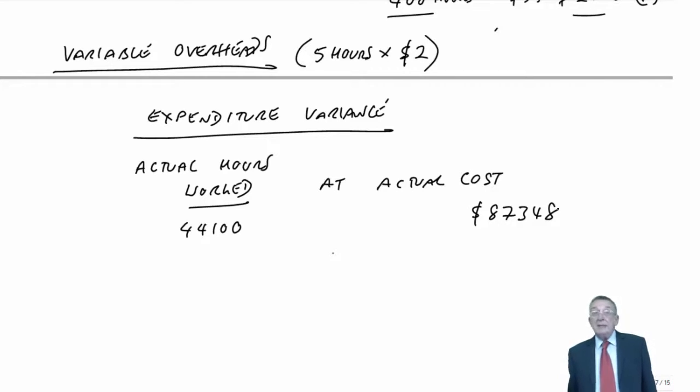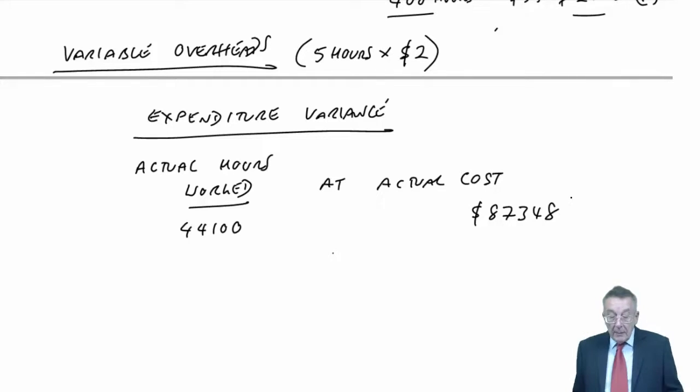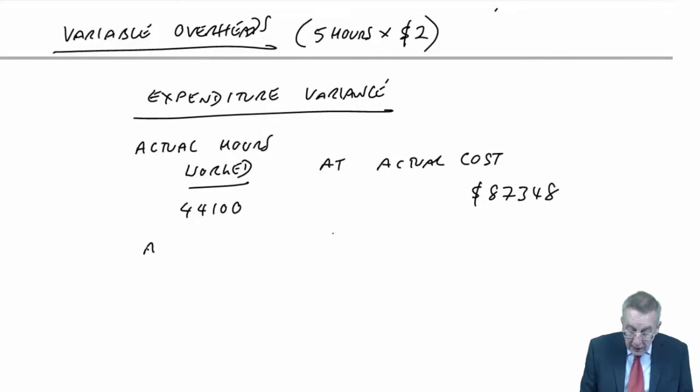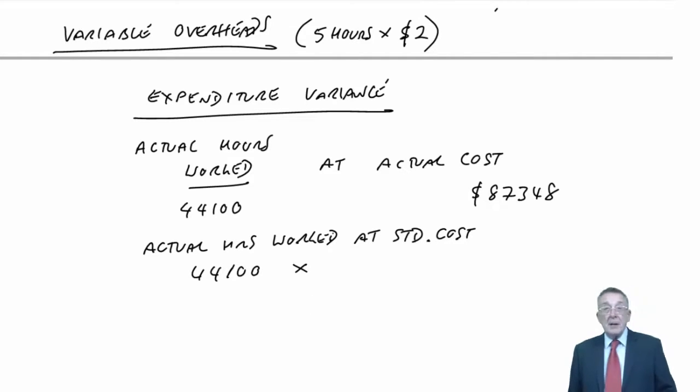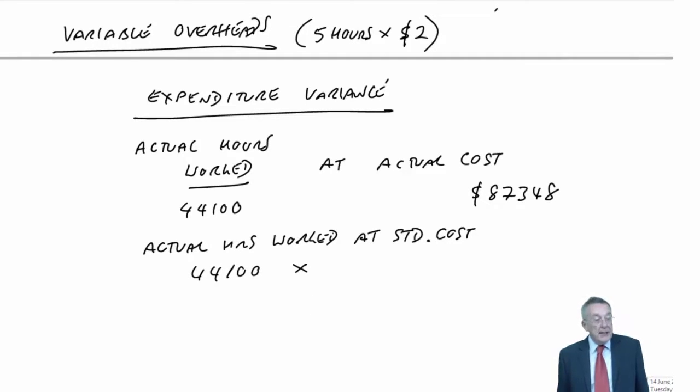As what we actually paid for the hours they worked, we compare it with actual hours worked at standard cost. So 44,100 hours was what they worked. That's how many hours of overheads we were using.